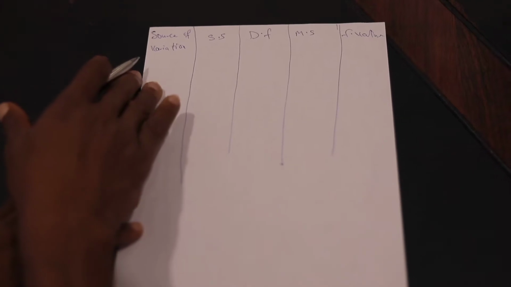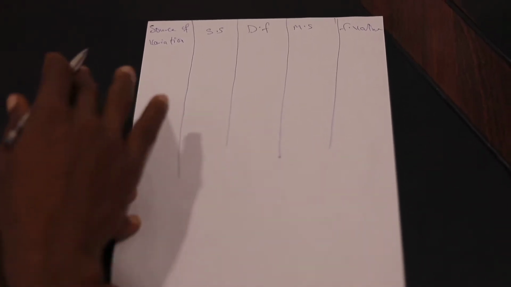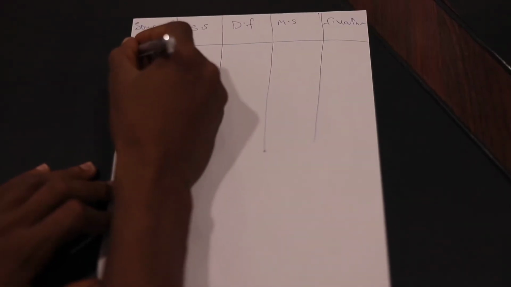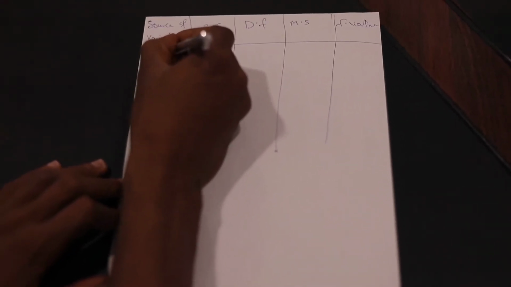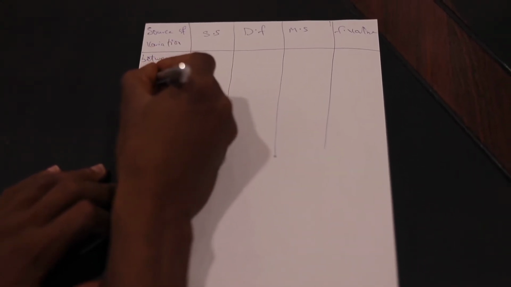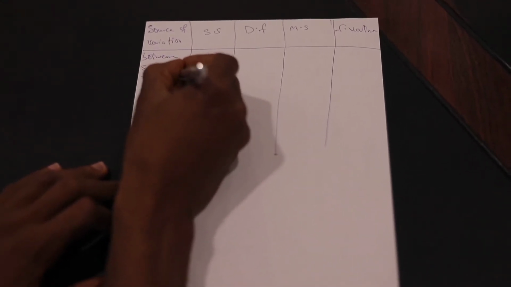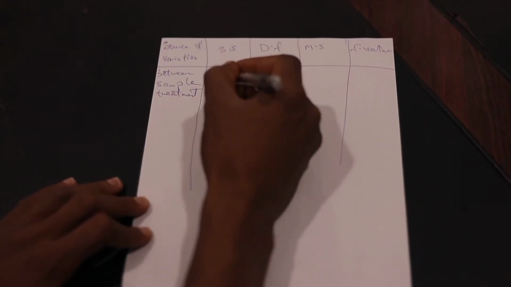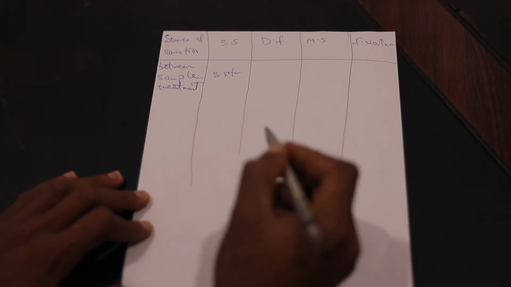So let's start here first, between sample treatment. The sum of squares between sample treatment is SSTR.